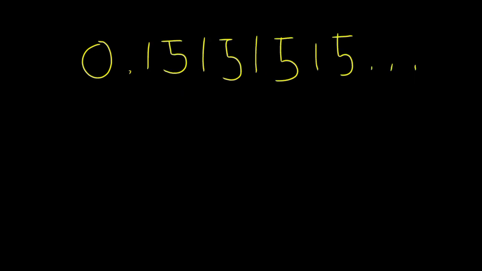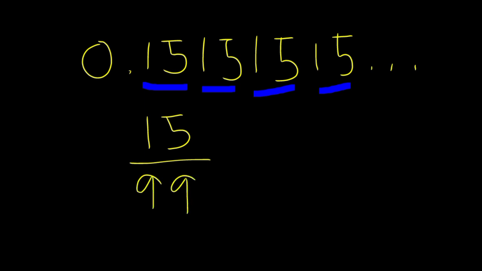For the next example, we have 0.15151515. This decimal has a pattern of 15, 15, 15, 15, and so on and so forth. So let's get 15 as our numerator. Then for the denominator, we'll have 99. 15 over 99.